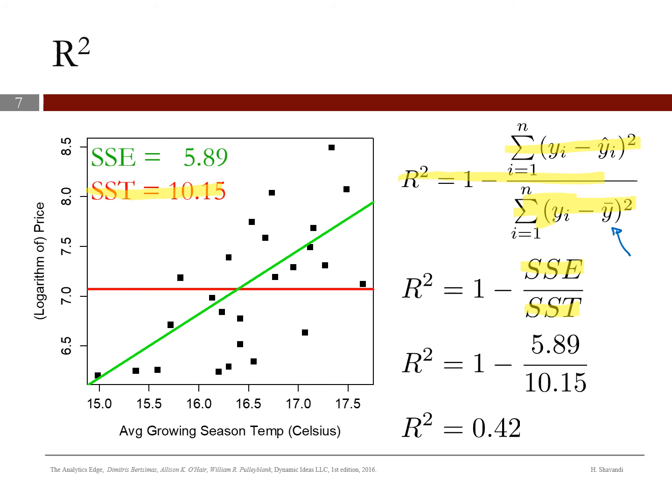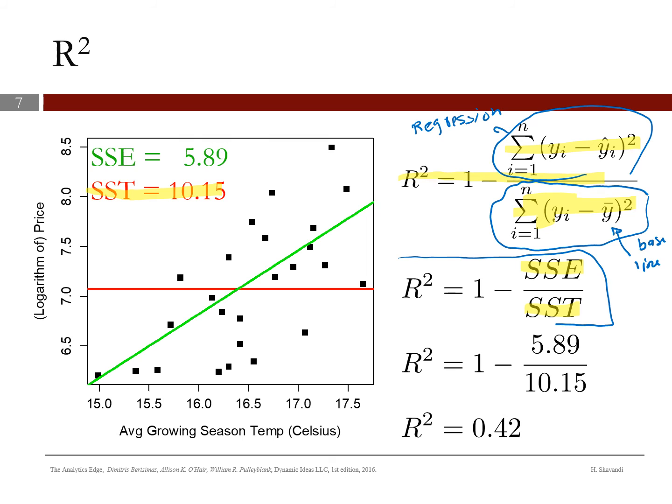So the denominator is the performance measure, I mean the sum of squared errors, for the baseline. So this is for the baseline model, and this is for the regression model, right? Now, 1 minus SSE over SST.